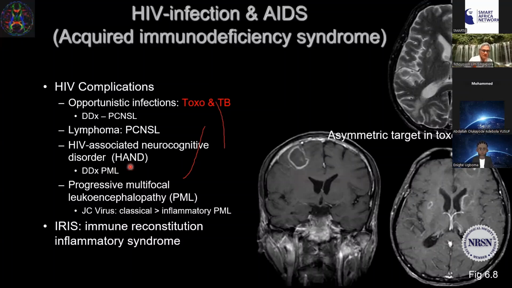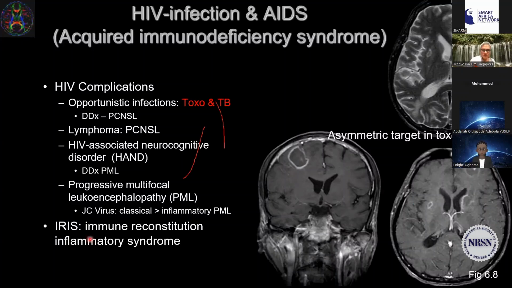This affects the white matter, so it's important to distinguish it from progressive multifocal leukoencephalopathy, PML. Both of them can affect the white matter without the features of infection or lymphoma. And finally, I would like to say a few words later about IRIS, which is immune reconstitution inflammatory syndrome.